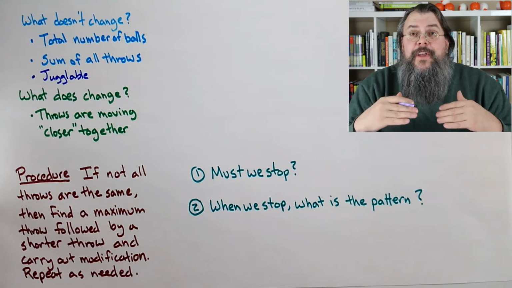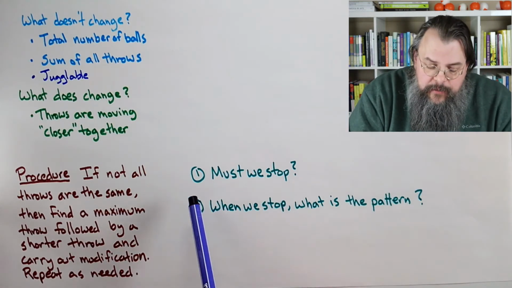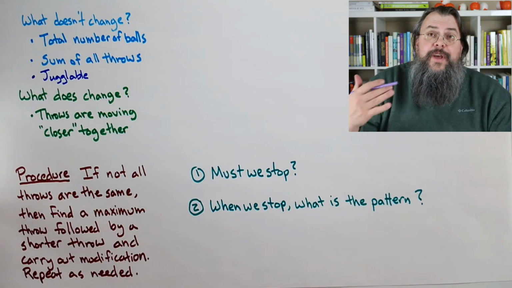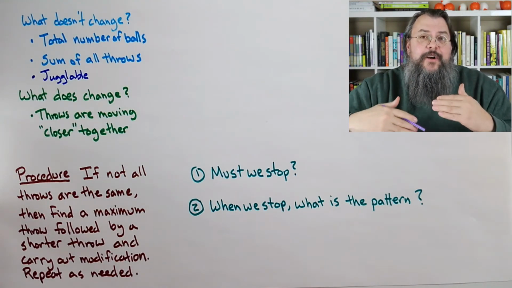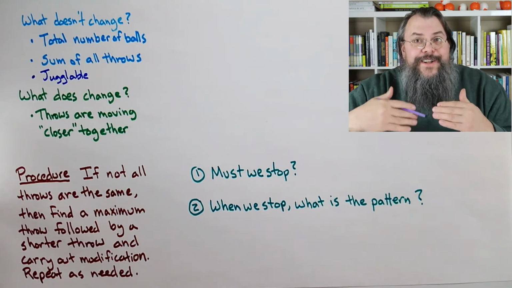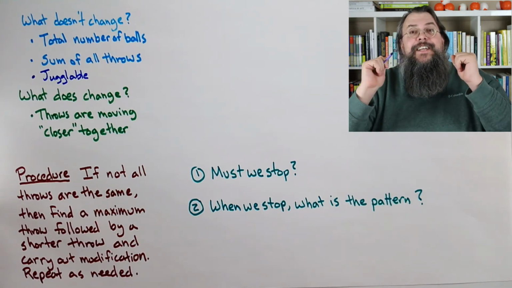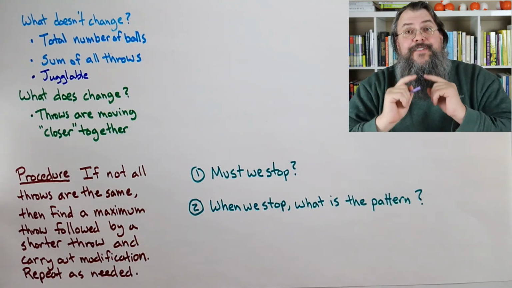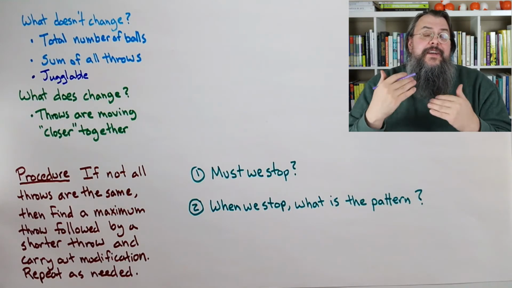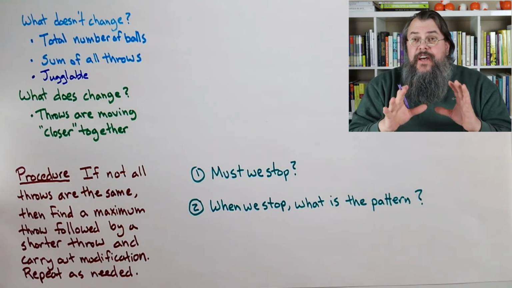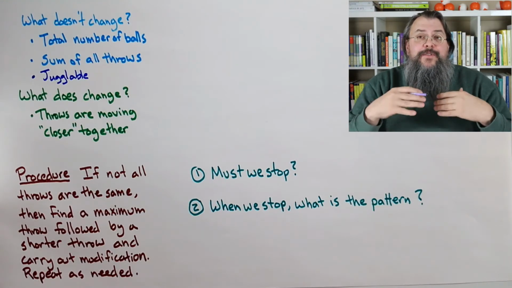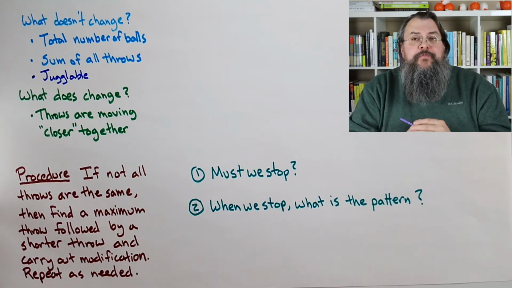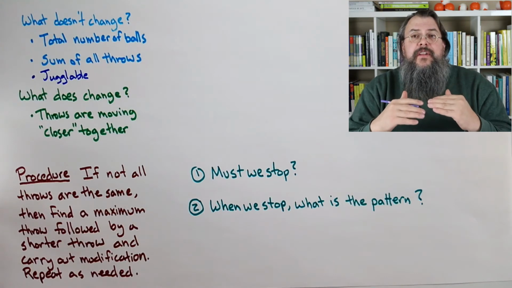Now, what's going to happen? Well, the first question you might ask is, do we have to stop? In other words, can we get stuck in an infinite cycle where we keep going and going and going? And the answer is, we have to stop. Now, let's think about why, because it's not a trivial thing, and we have to be able to explain why. So here's our reasoning.